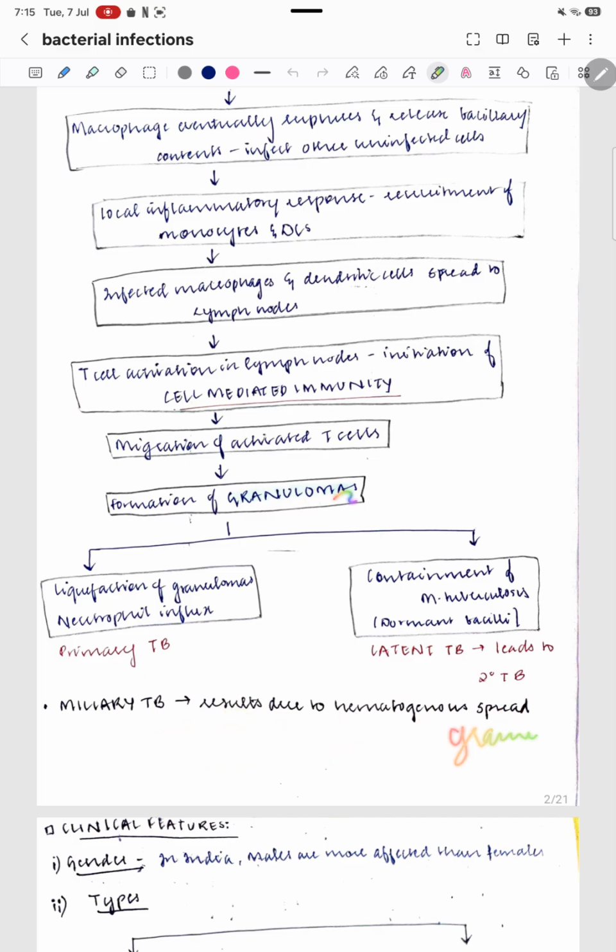This granuloma is also of two types. First is the liquefaction of the granuloma causing neutrophilic influx, which is called primary TB.